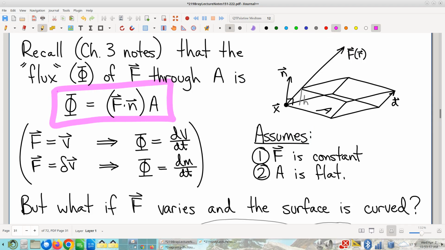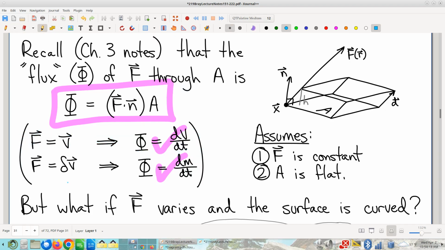Now, what does that mean physically? Well, it means a couple of different things, depending on what you mean by a vector field representing a fluid. If your vector field representing the fluid is giving you velocity of the fluid, then flux is telling you volume per unit time of fluid passing through your surface.